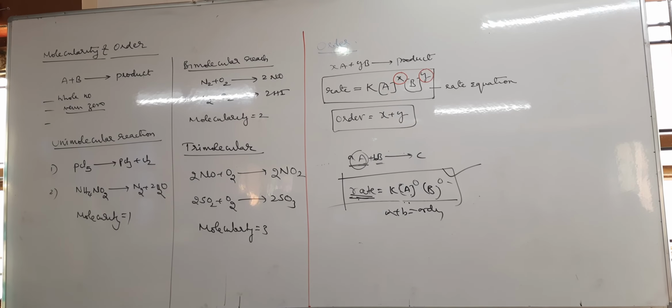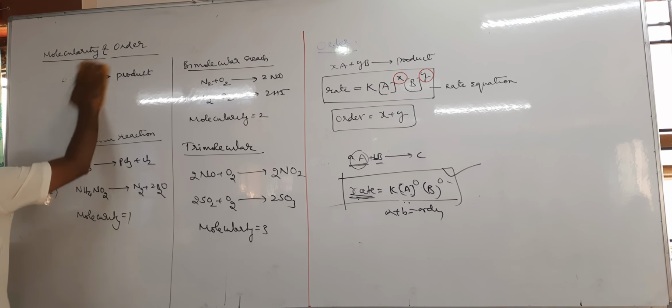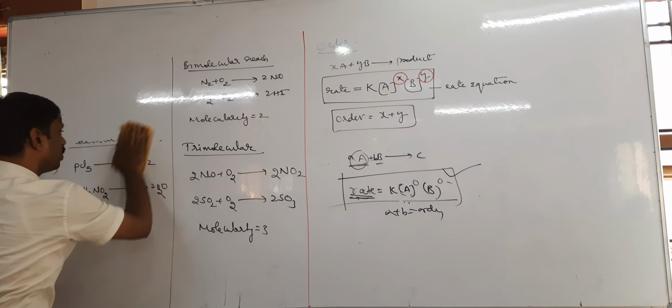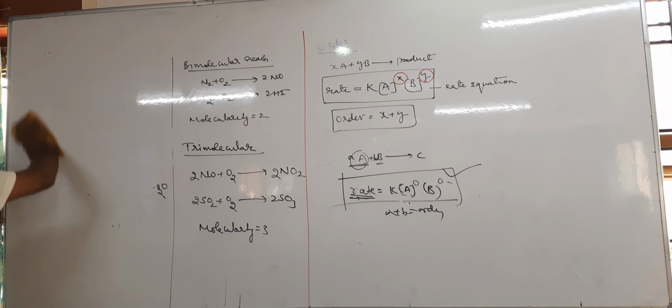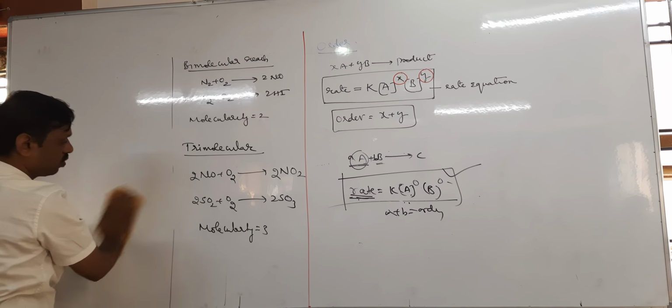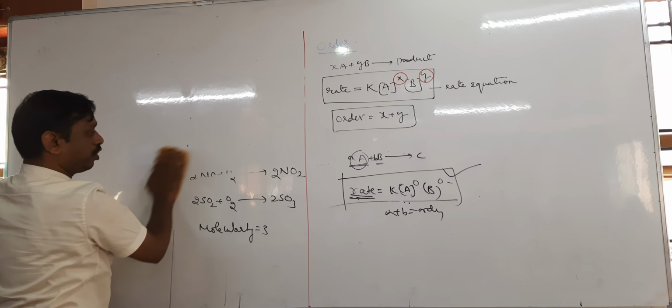Next, order may be a whole number or a fraction. Even it is 0. Next, order may be negative or positive.